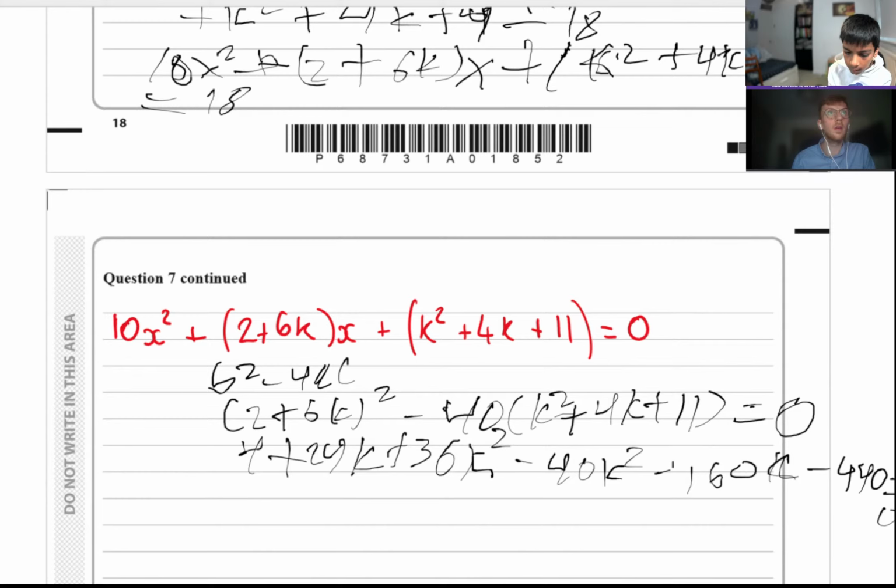And then if we collect the like terms, 24 minus 160 is minus 136.